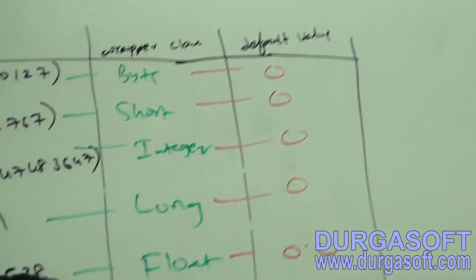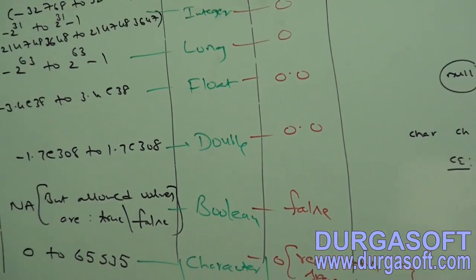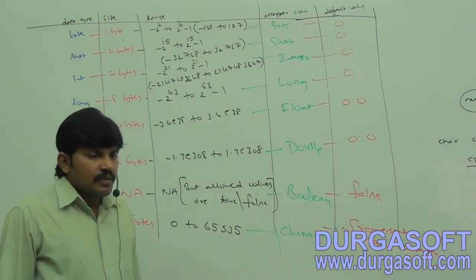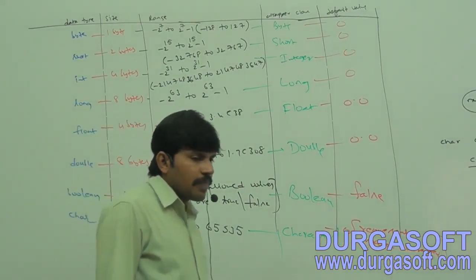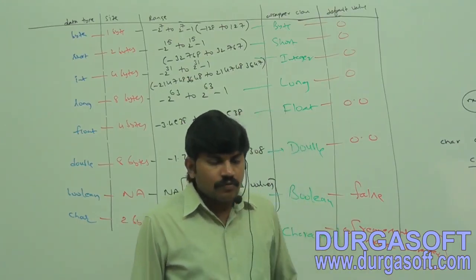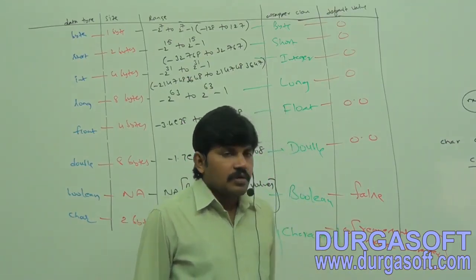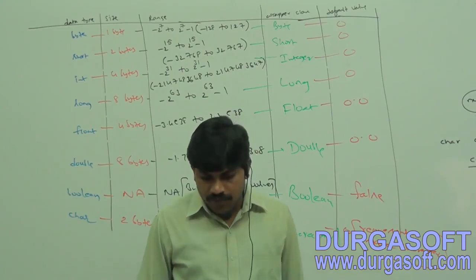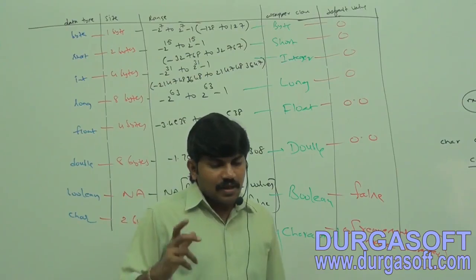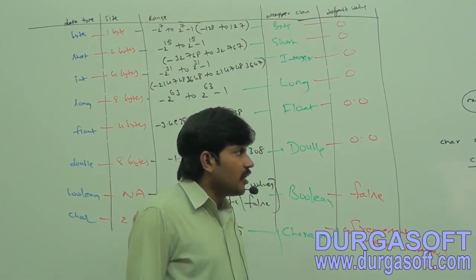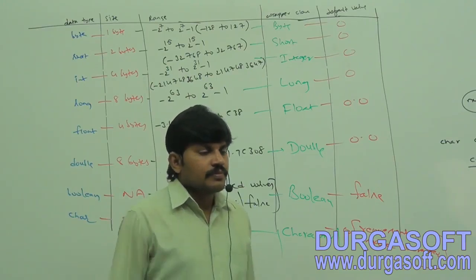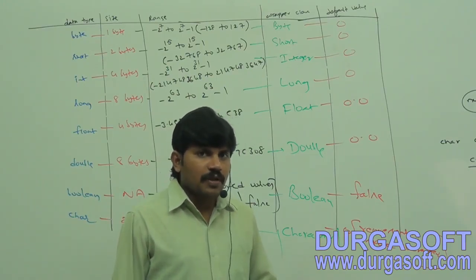So take a note. Null is the default value for object references, and we can't apply it for primitives.